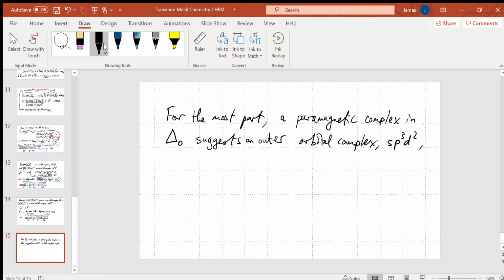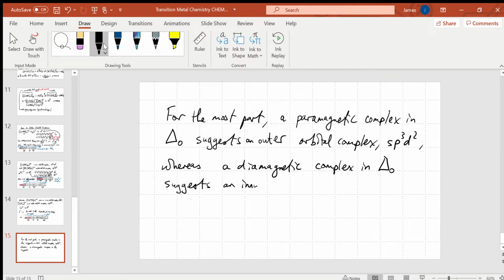sp3d2, whereas a diamagnetic complex in an octahedral field suggests an inner orbital complex, d2sp3.